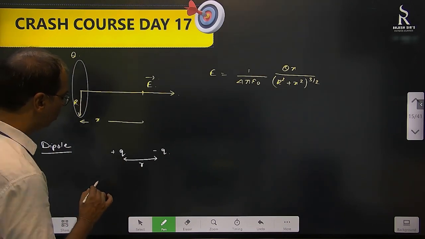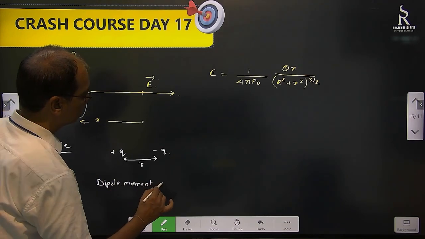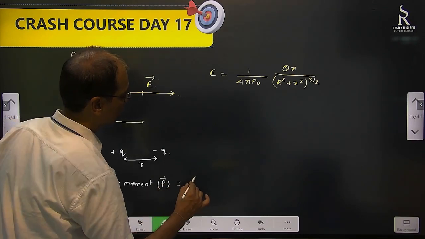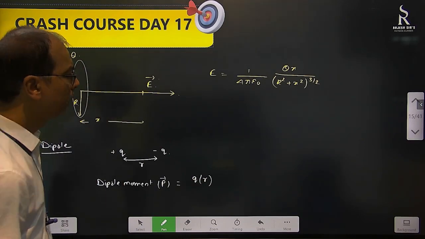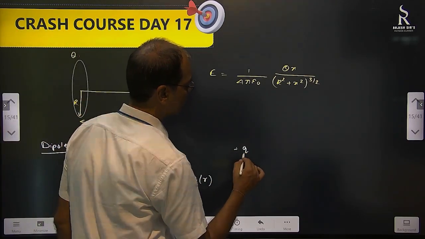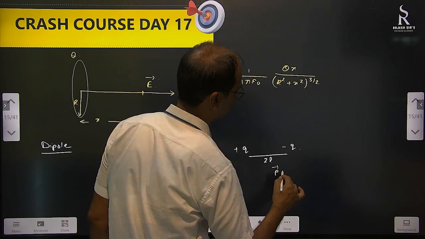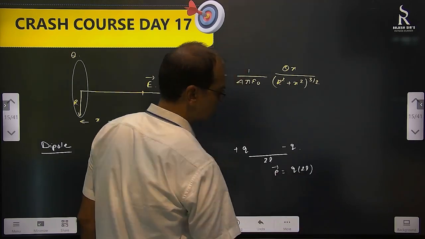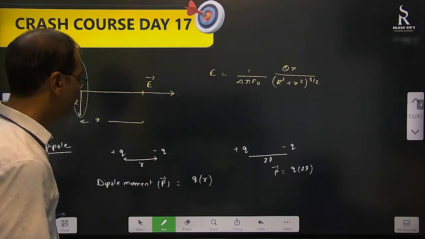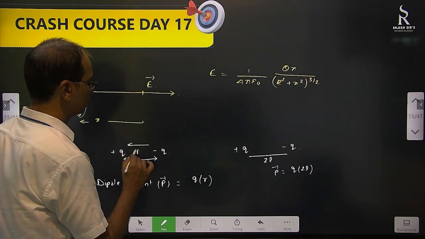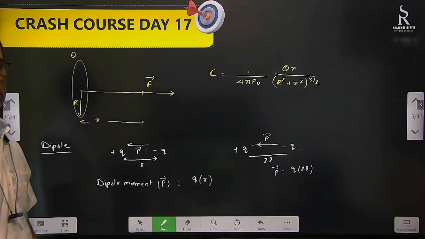Its strength is measured by the dipole moment, which we represent with P, and its value is Q into the separation between the two charges, Q into R. For calculation purposes, we take this separation as 2L, so the dipole moment is Q into 2L. Direction is from negative to positive charge.